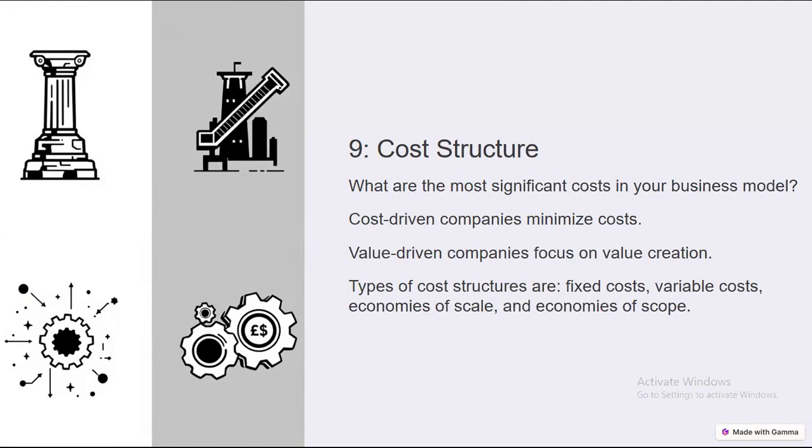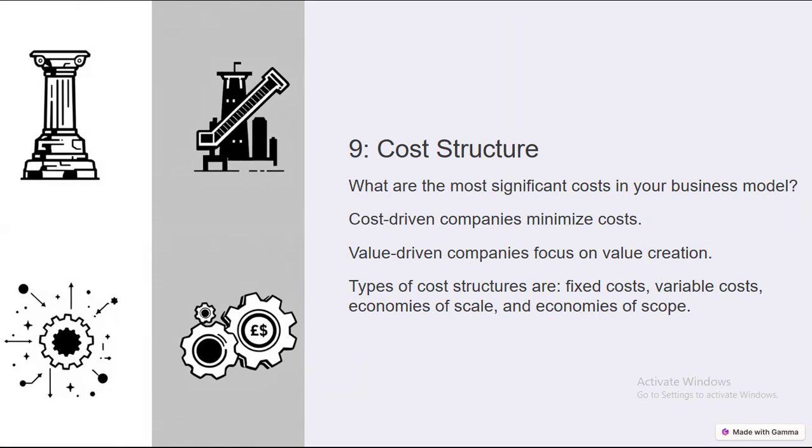If you have a cost-driven company, then you will minimize costs. But a value-driven company, most of the times, because you are thinking about the value creation, sometimes you tend to increase your spending, because you want to add more features, you want to increase the value. So you would have to know which cost structure you are adopting, whether you are cost-driven or value-driven.